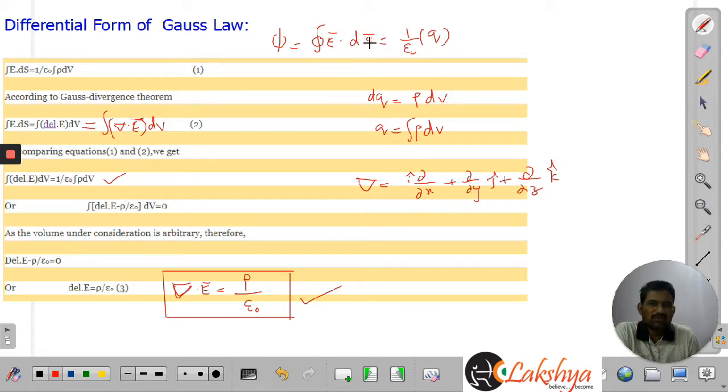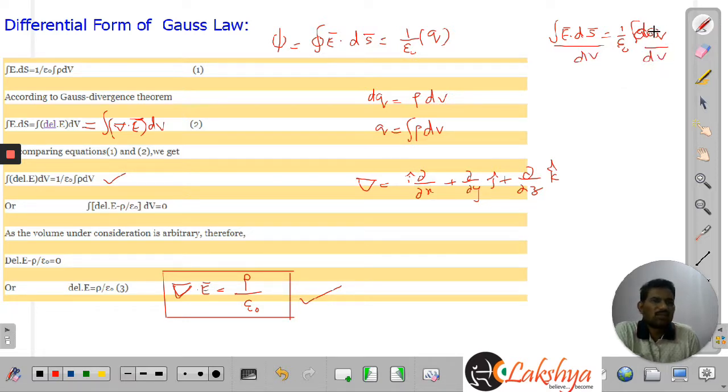Whereas this side you will get the area of this element. What I am saying is the integral of dq; I am just trying to explain how to get it dimensionally. Let this value be integral of dq, then we take this as dv and divide both sides with this dv.